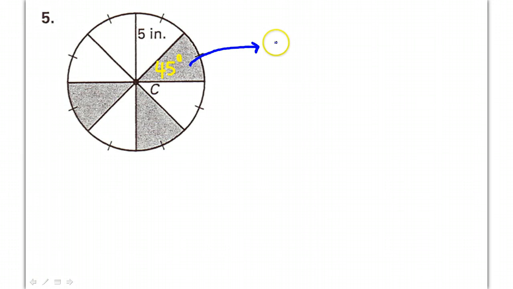So I hear you saying, let's find the area of a single sector by doing 45 over 360 and x over 25 pi. Yes, okay, x over 25 pi.